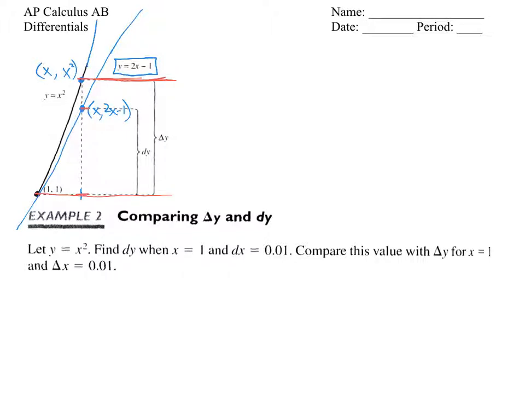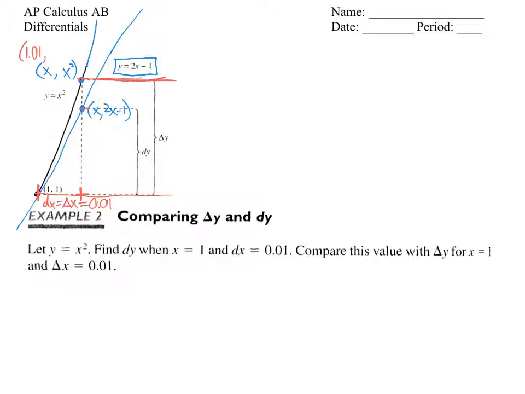If x is 1 and dx is 0.01, all right, so what's the dx? Well, the dx is this difference from the 1 to this value right here, okay? So that dx, which is the same thing as delta x, is 0.01. So what are we actually finding here? We're actually trying to approximate the value when x is 1.01.